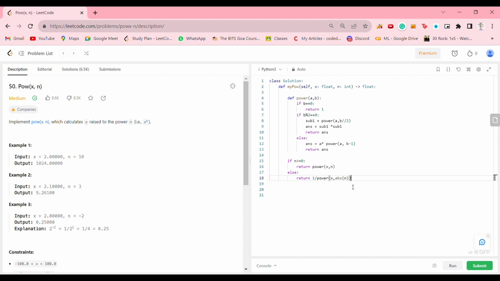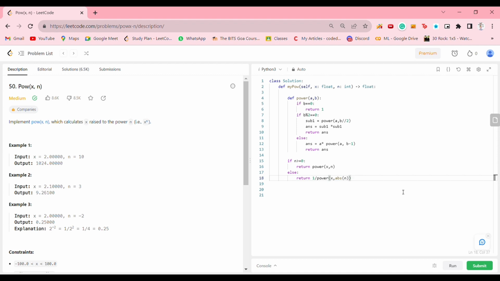For example, in example 3 shown here, we had x as 2 and n as minus 2. So what our code would do is it would calculate 1 upon power of x, which is 2, to the power absolute of minus 2, which is 2. So that's the same thing that they've calculated here in this example. So that's what we basically put into code.